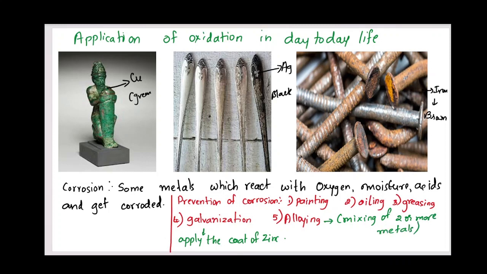Greasing means applying grease to the machines and all, or the vehicles, engines and all, that is what is called as greasing. Oiling. And next one is painting. Galvanization is applying the coat of zinc. Alloying is the mixing of two or more metals to get a desired metal, that is called as alloying. So okay, next one, that is about the corrosion.